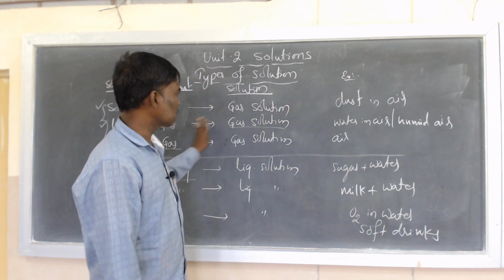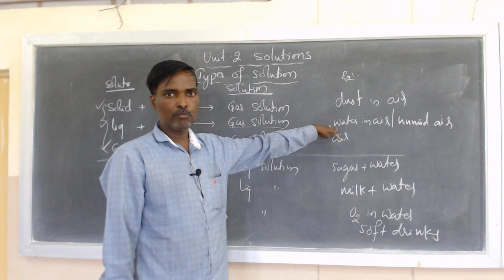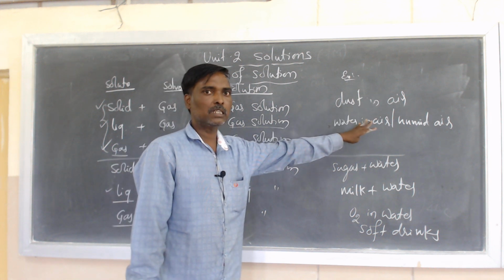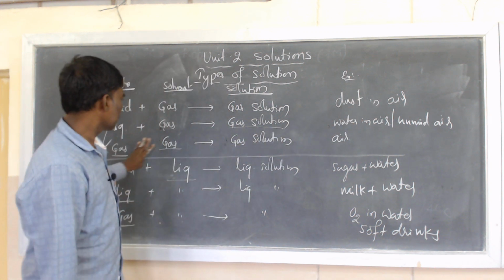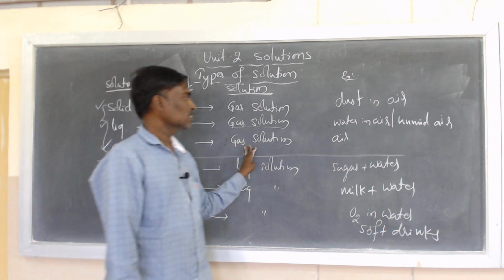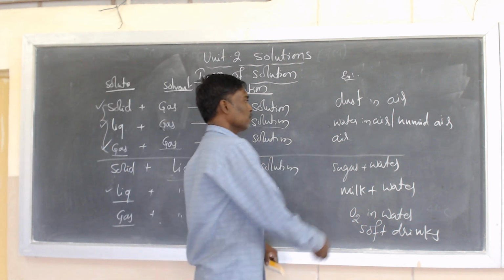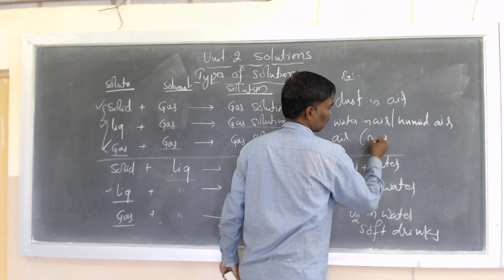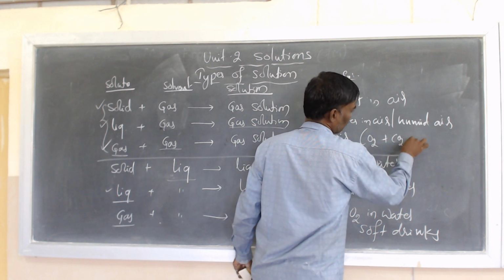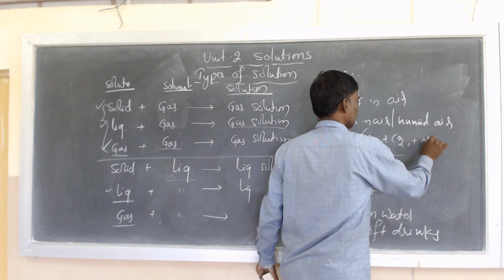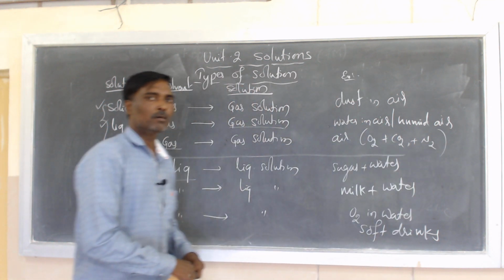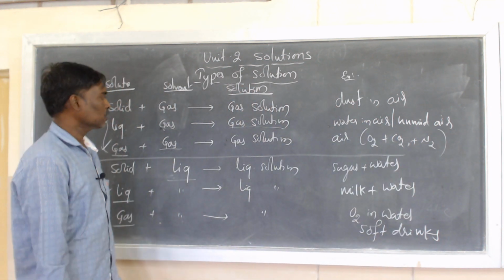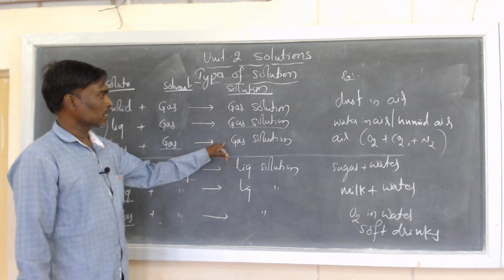Liquid in gas, an example is humid air, or water molecules present in air. Gas in gas, air itself is an example where different gases are combined: oxygen, carbon dioxide, nitrogen. It's a mixture of many gases, so that forms a gaseous solution.